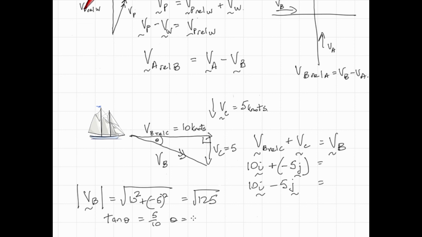So theta equals the angle whose tan is a half, and that can be calculated using a calculator. So the velocity of the boat is root 125 knots at an angle whose tan is a half, which you could work out in degrees, and that'll be south of east.